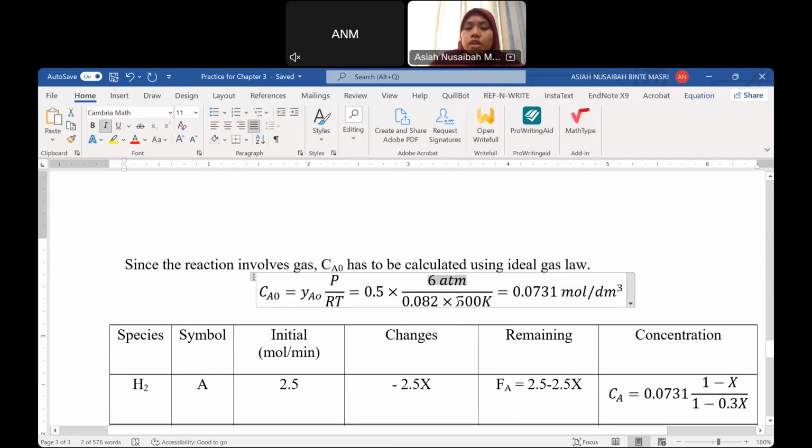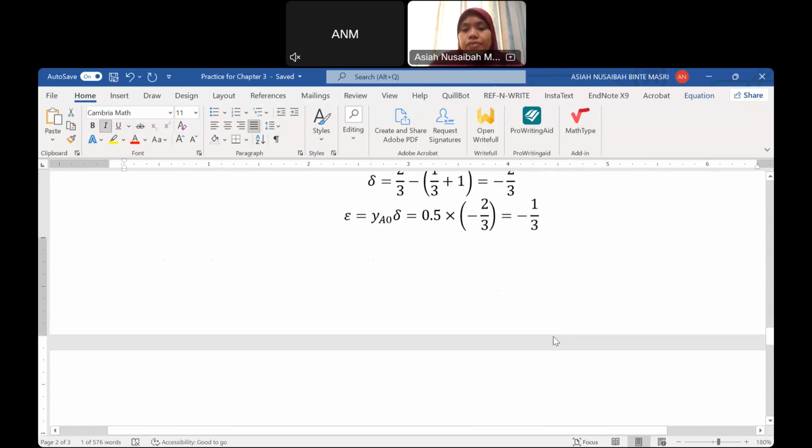T was given 500 K. And choose the right R, based on the unit. It must have atm, it must have Kelvin. So here that will be 0.082. So we got C A naught is equal to 0.0731. Then put all of this information.